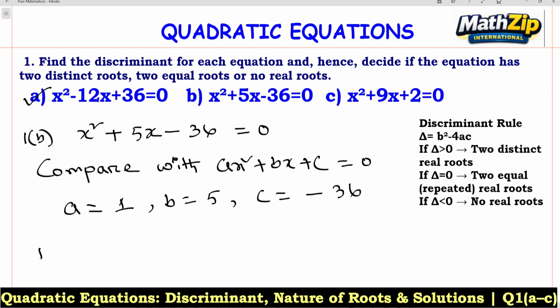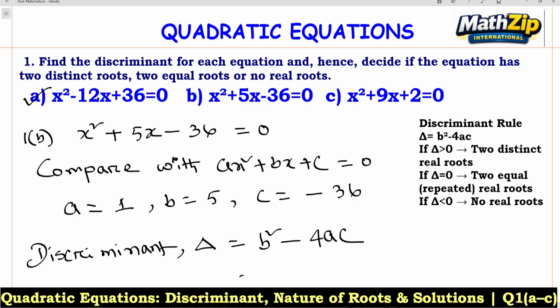So the discriminant delta equals b square minus 4ac. So b means 5 square, minus 4 times a, which is 1, times c, which is minus 36.